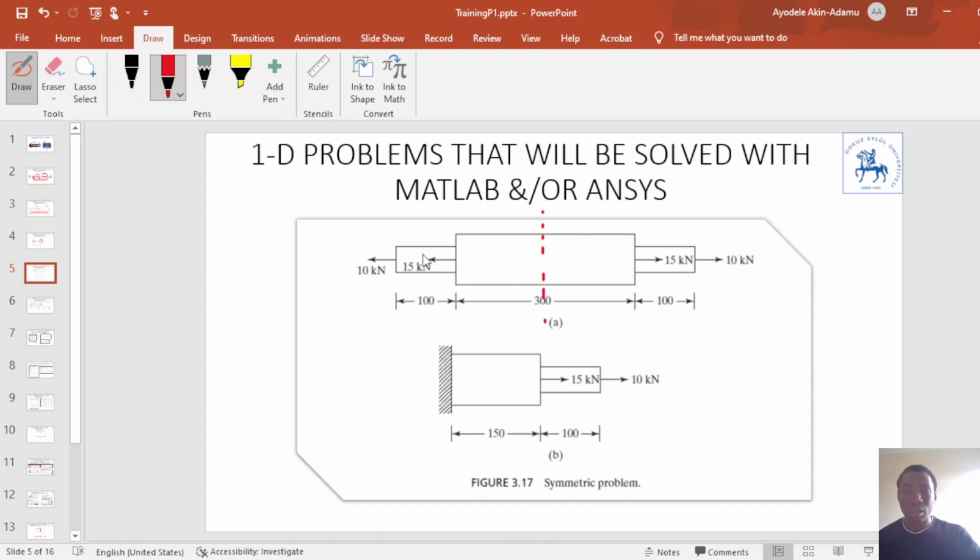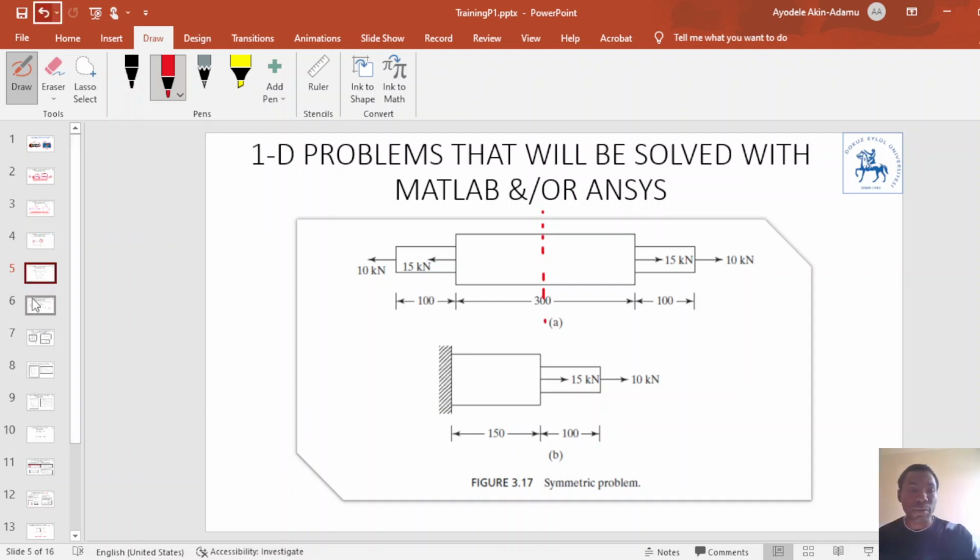What is on the left-hand side is what is on the right-hand side. So half of the structure can be modeled and analyzed to determine the deformation and stress values. This will be illustrated using the Ansys program. We are going to compare the results of the full model analysis and the half model analysis on the Ansys program.